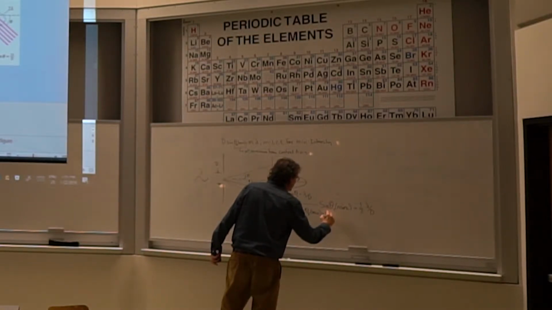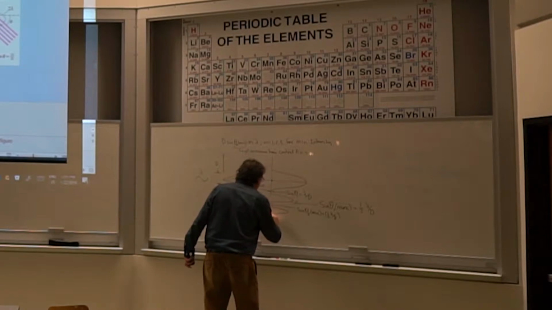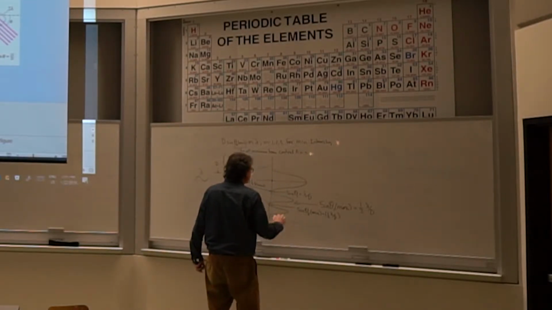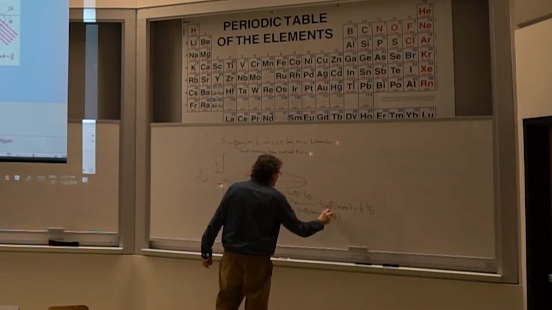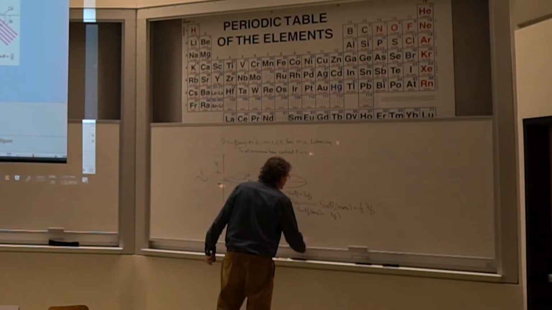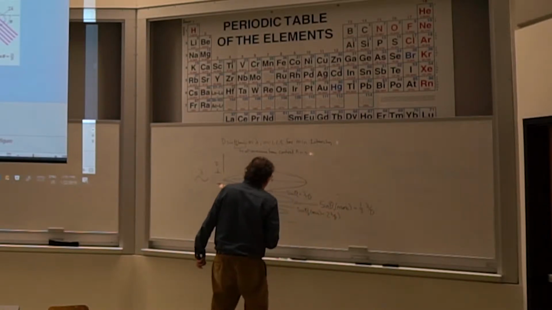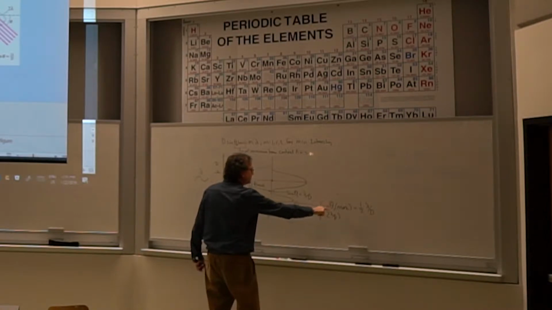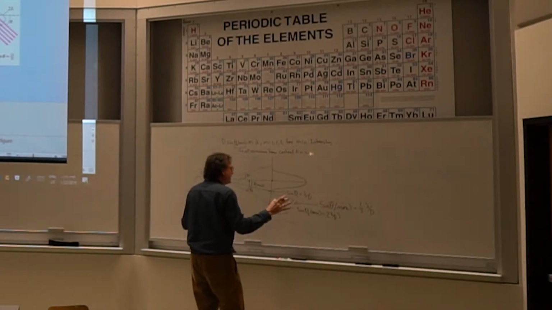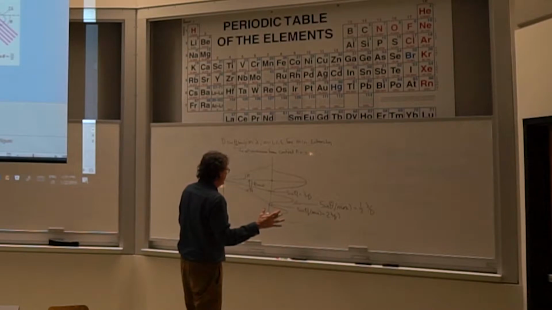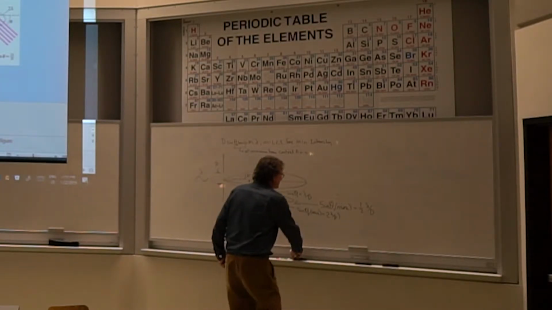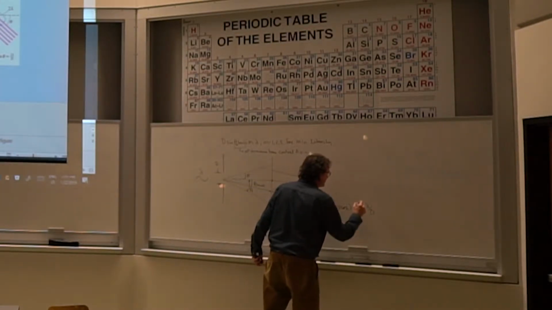Did I do this right? I made a mistake. This is 2 lambda, my mistake. And this minimum will be at 3 lambda. And the maximum will be halfway in between. I've got one more mistake here, and then I will finish. Here we go, 3/2 lambda over d.